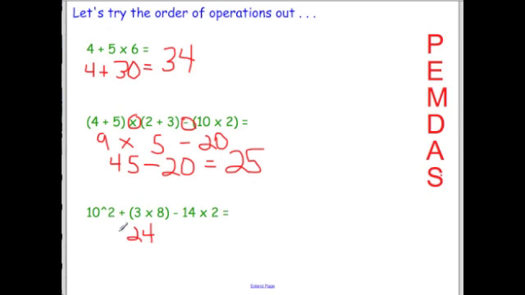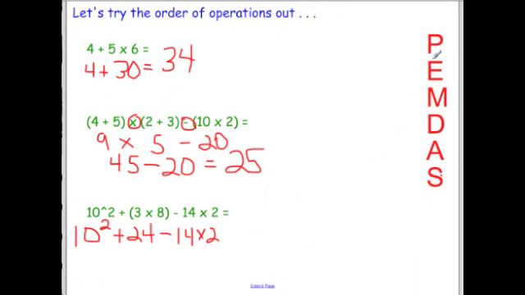Now we bring down our plus sign here. Our subtraction, minus 14 times 2. And then we also can bring down our 10 squared. So after we've done our parentheses, we come over and we see the exponents right here.